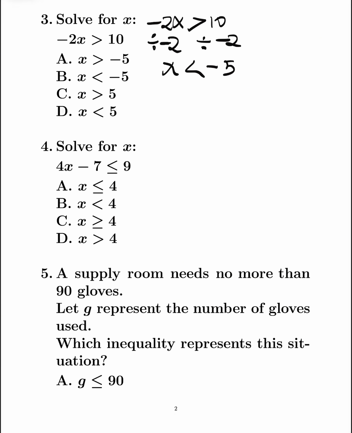If you want to represent this on a number line, from negative infinity to positive infinity, we have negative 1 down to negative 5. It's open because negative 5 is not included in the data set.